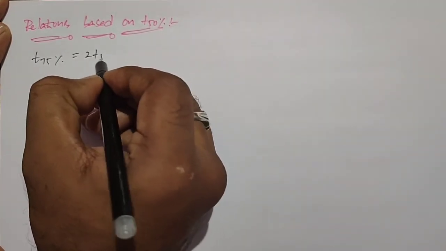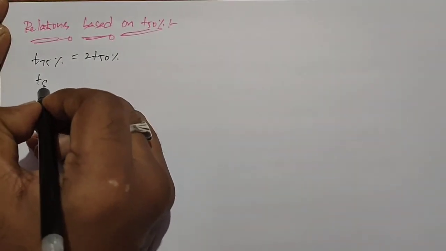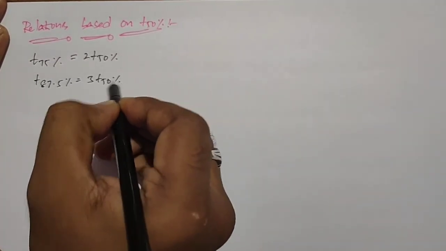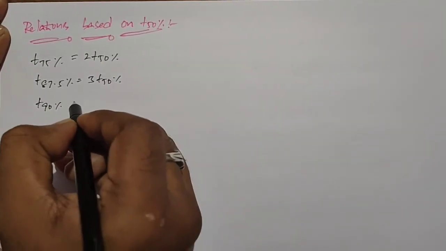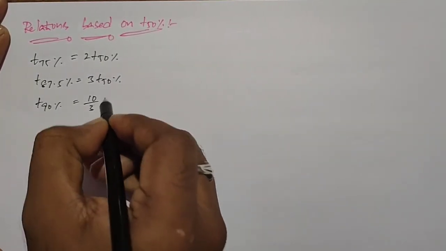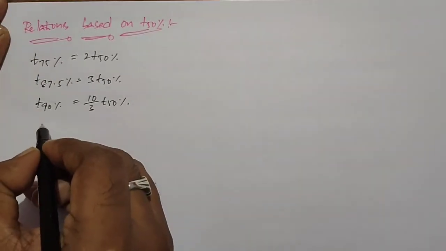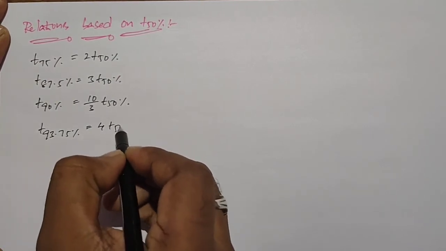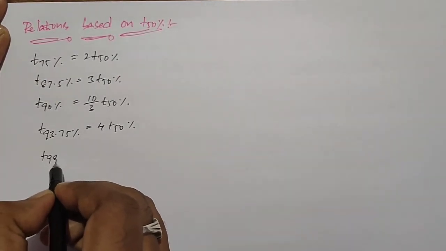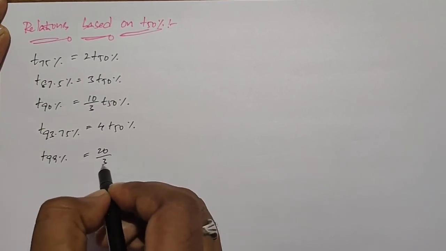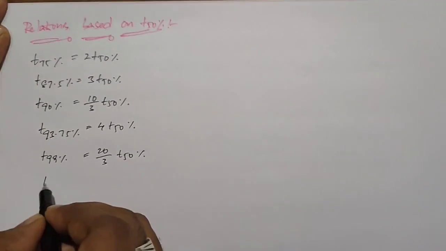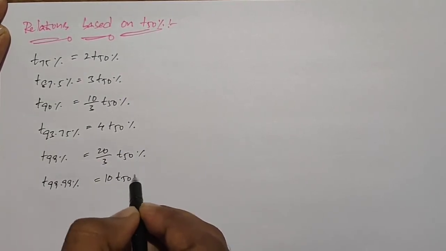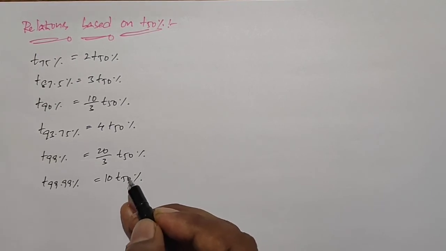T75 percentage is equal to 2T50, and T87.5 percentage is equal to 3T50, and T90 percentage is equal to 10 by 3 T50, and T93.75 percentage is equal to 4T50, and T99 percentage is equal to 20 by 3 T50, and T99.99 percentage is equal to 10T50. So these are formulas based on T50.